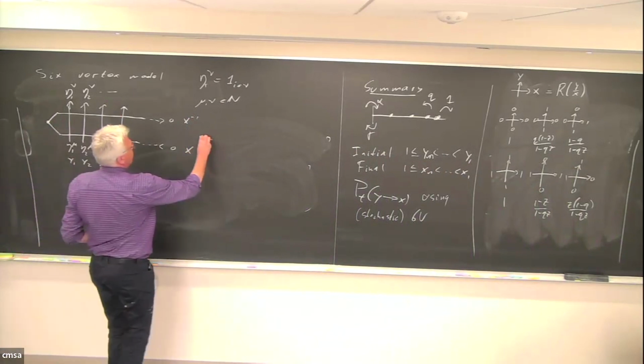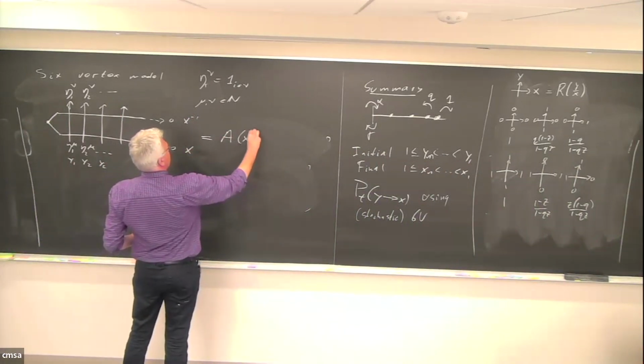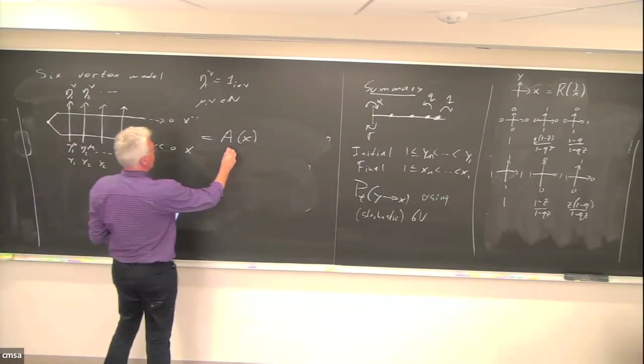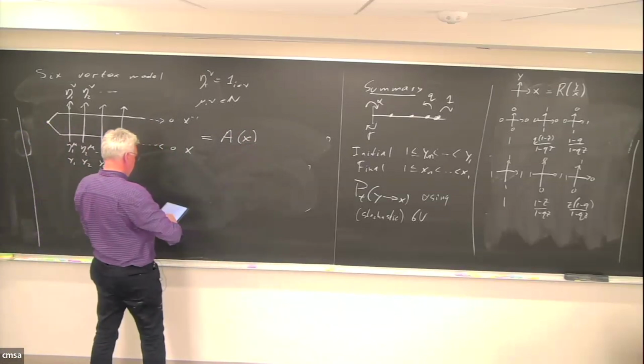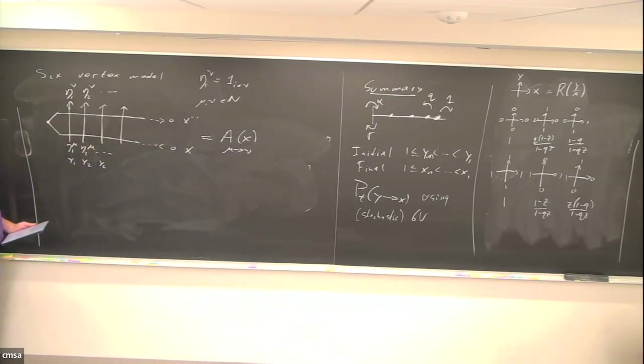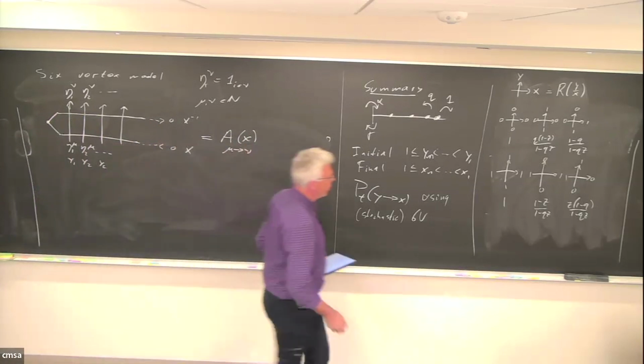And this is going to be some operator x. And so in the bulk, I'm going to use these 6 vertex configurations. So the matrix element of A will just be the particular configuration that you have and the corresponding Boltzmann weight, but I have to tell you what I get at the boundary.